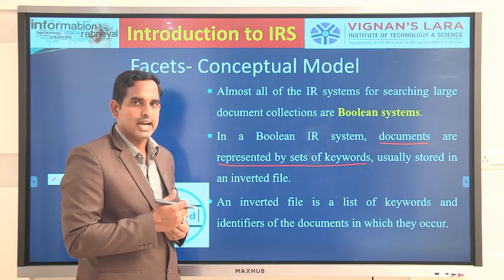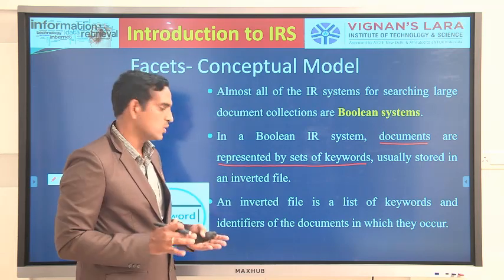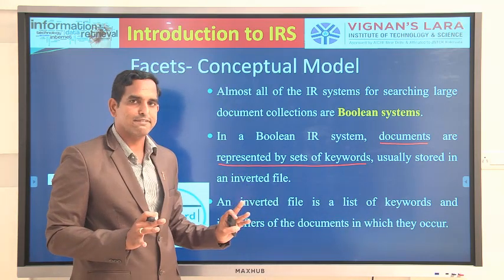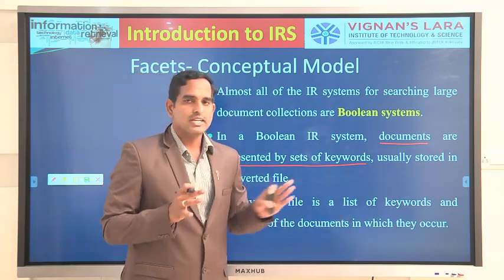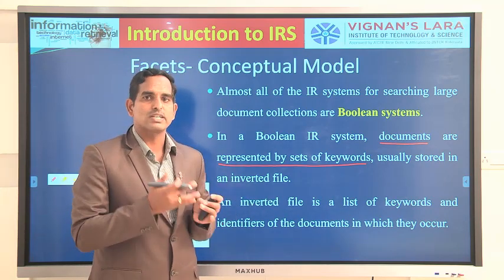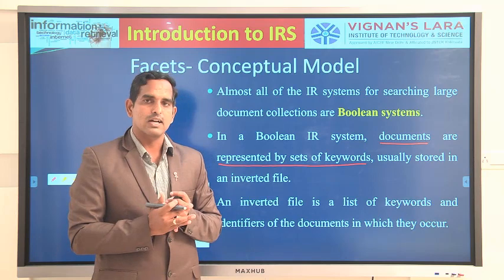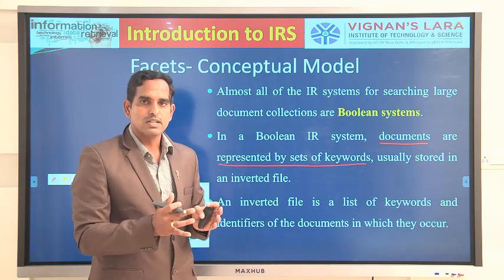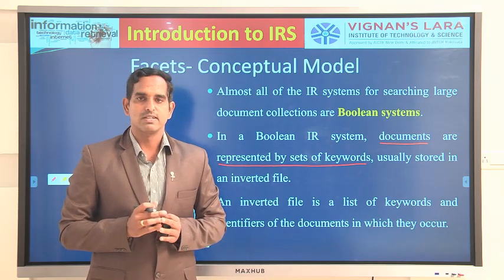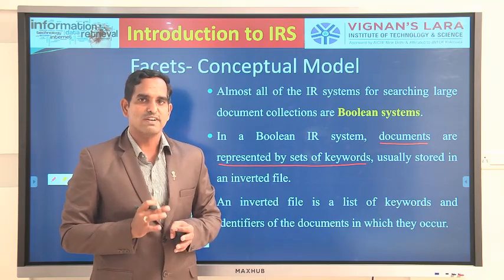The inverted file will basically contain the keywords present in your complete IRS system, and the related documents present for each particular keyword. That is how your inverted file will look.